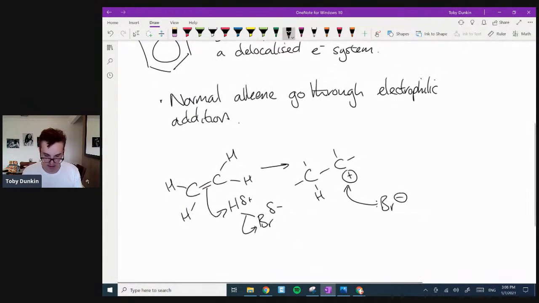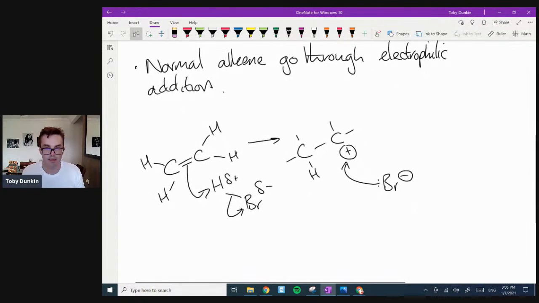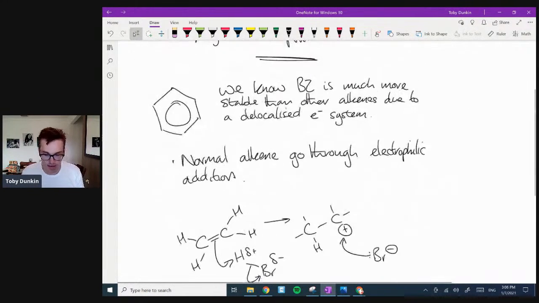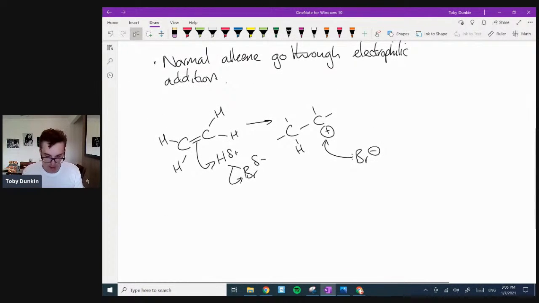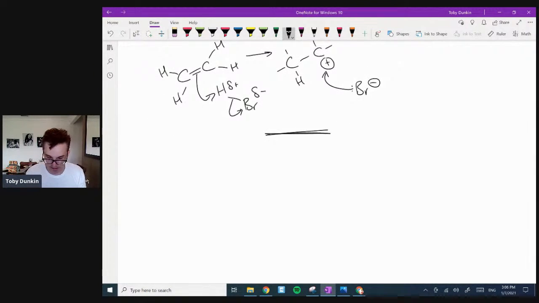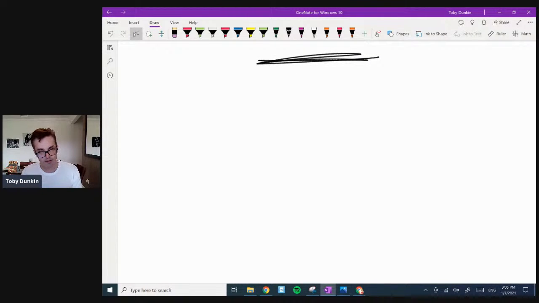Two-step process, electrophilic addition. Benzene doesn't do this. The reason being is benzene does not want to break its delocalized electron system. It always wants to keep it. Therefore, the mechanism is different, and this mechanism is only done by benzene.